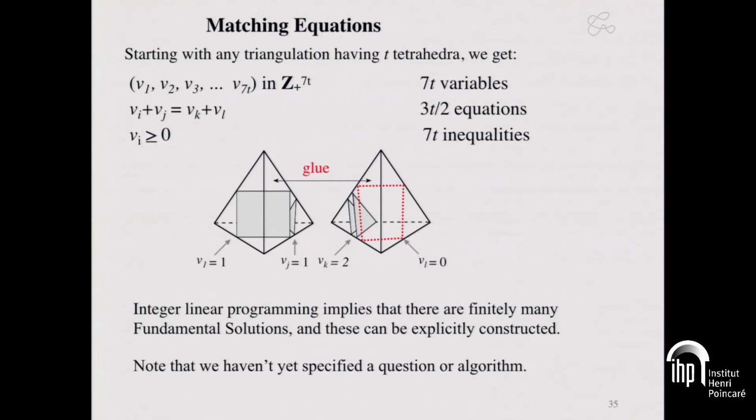Each face gives us 3 equations, and there are 4 faces on a tetrahedron, so that's 12t equations, but each one occurs twice because faces meet 2 tetrahedra. So it should be 6t equations, not 3t over 2. 3t over 2 was for curves. It should be 6t for surfaces, and then there's an inequality that says that each one of those is greater than or equal to 0.